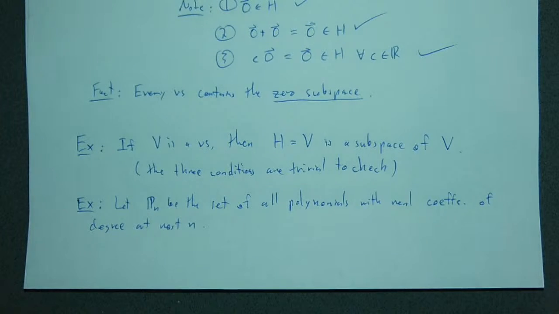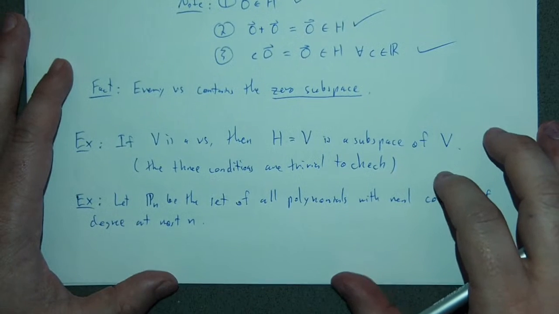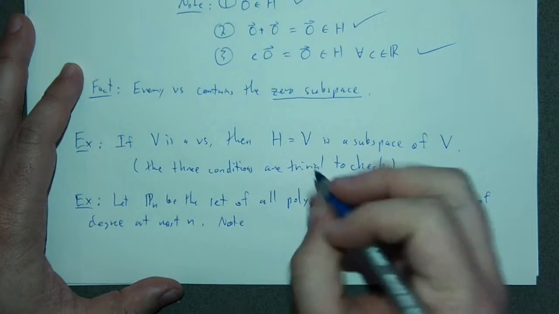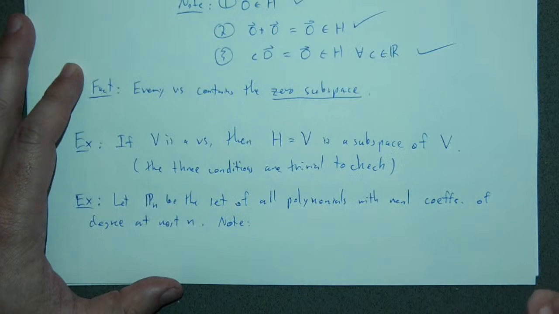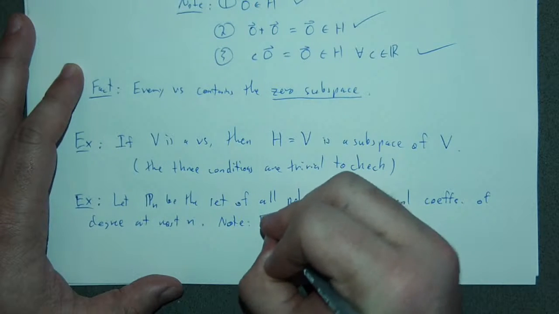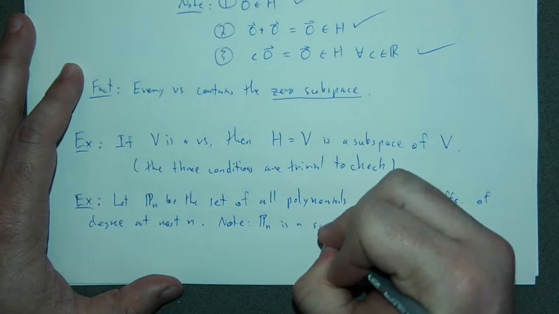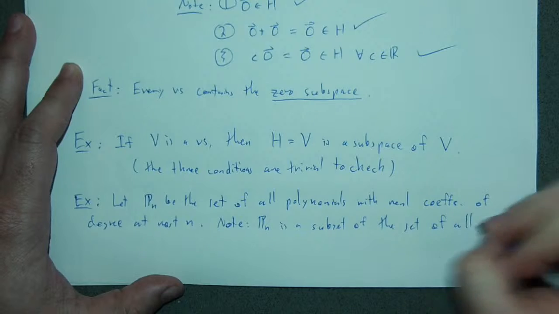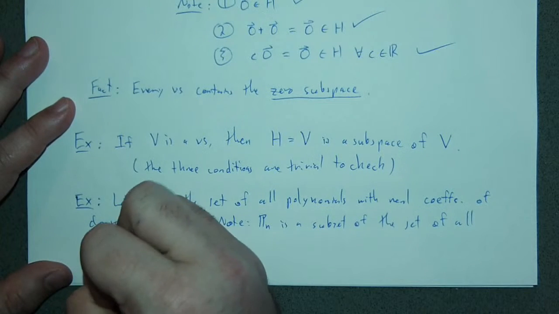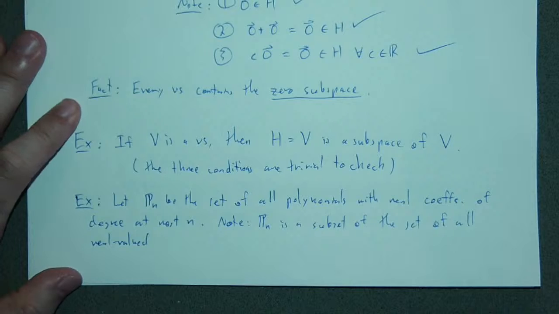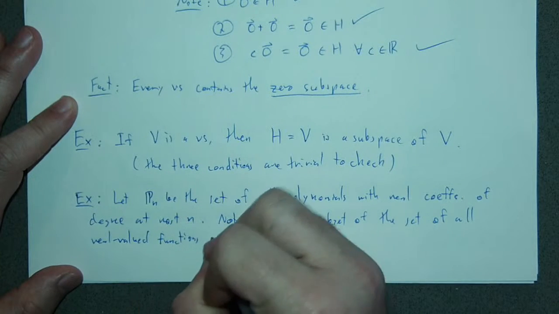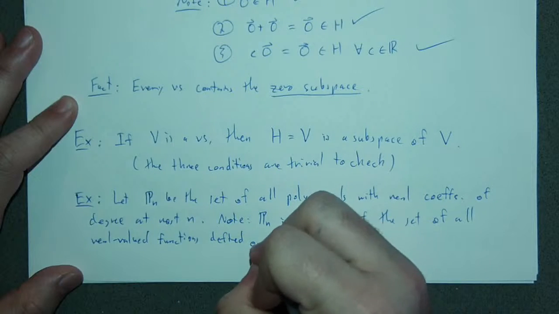Okay. So let's note that P sub n is a subset of the set of all real valued functions, for instance, defined on the reals.